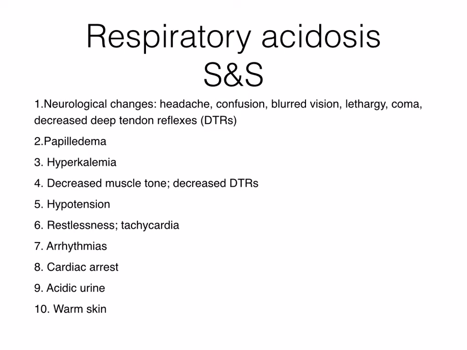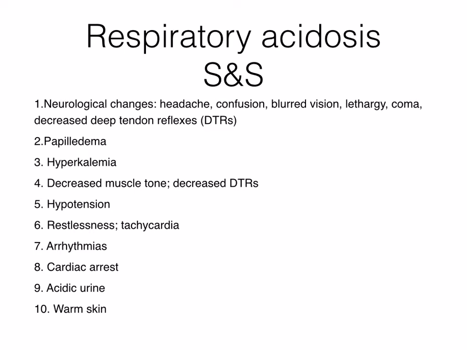There is something called hyperkalemia, and the acidosis causes the potassium to increase in the blood. To compensate for the respiratory acidosis, the hydrogen moves out of the blood into the cell where potassium was living.